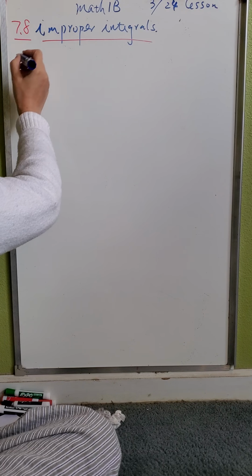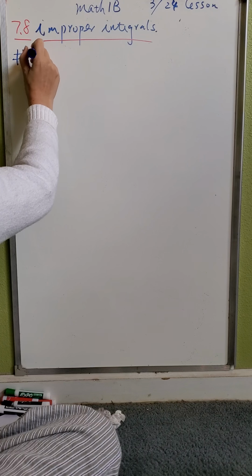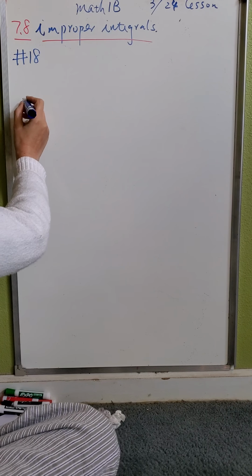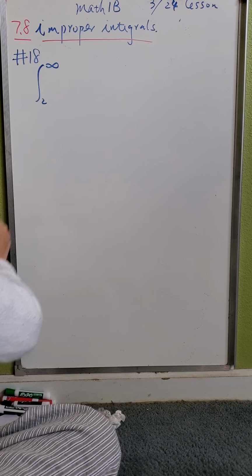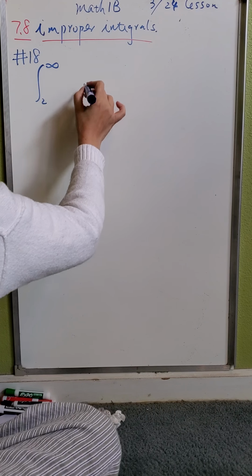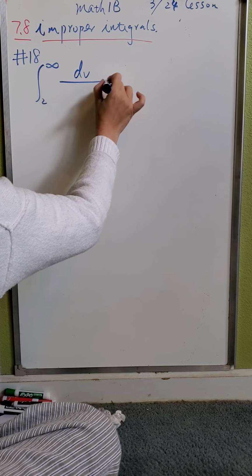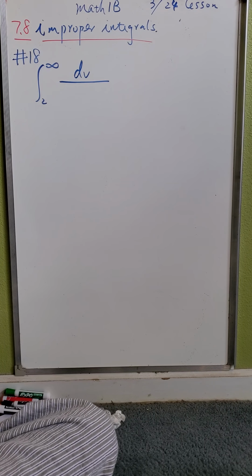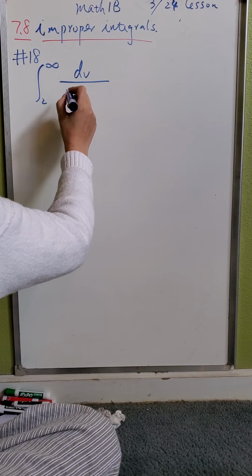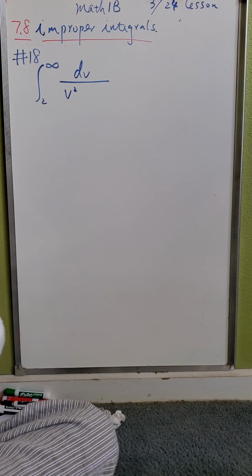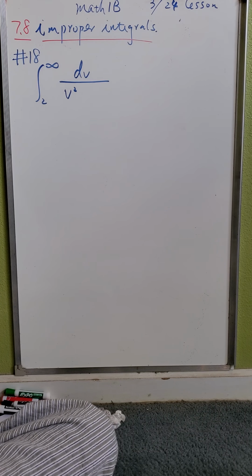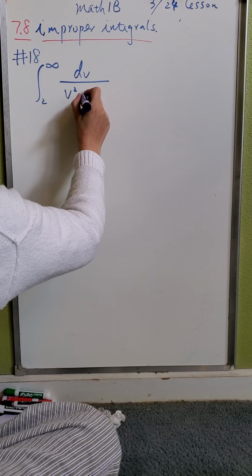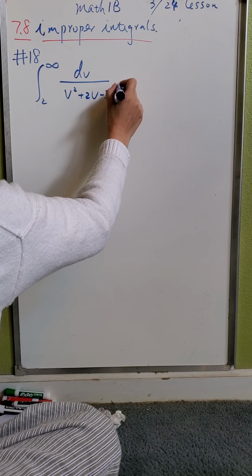And let's look at number 18. The integral to infinity of dv over v squared plus 2v minus 3.